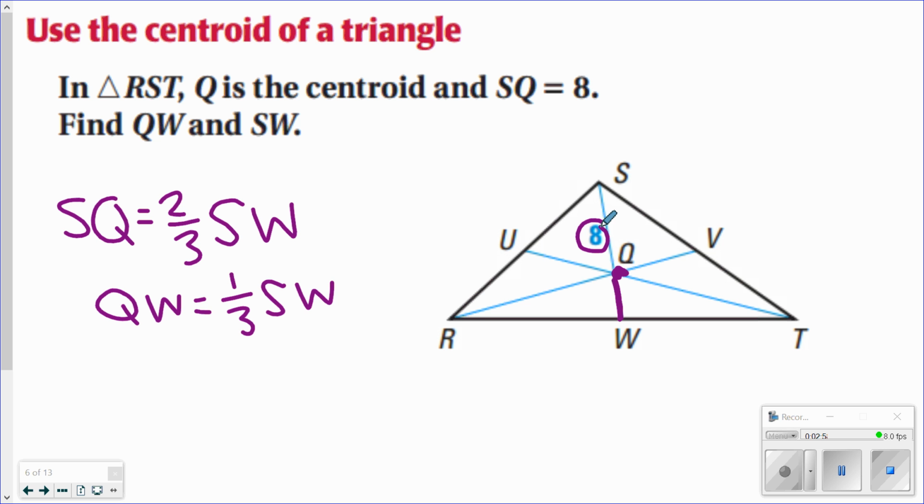I know that that is 2/3 of the entire segment, which means 1/3 would be taking that number, 8, and dividing it by 2. So if we do that, we end up getting 4. And so QW then is equal to 4. So now if I wanted to figure out what this entire segment here is, I would just add up 8 and 4 together, which would give me 12. This is going to work every time.